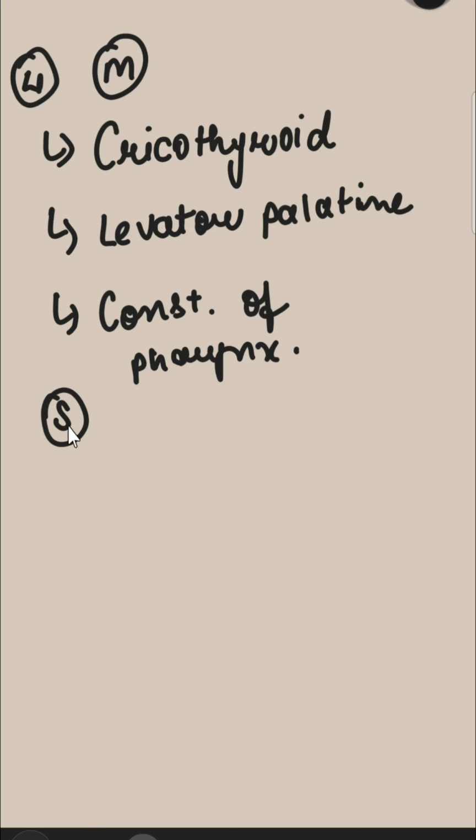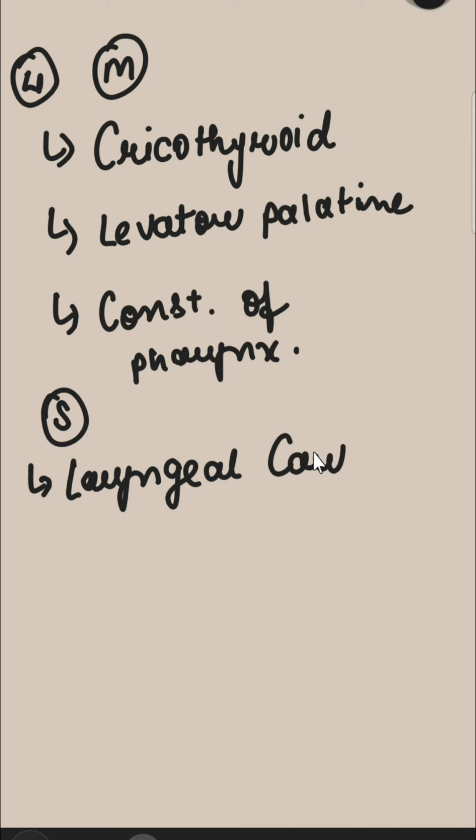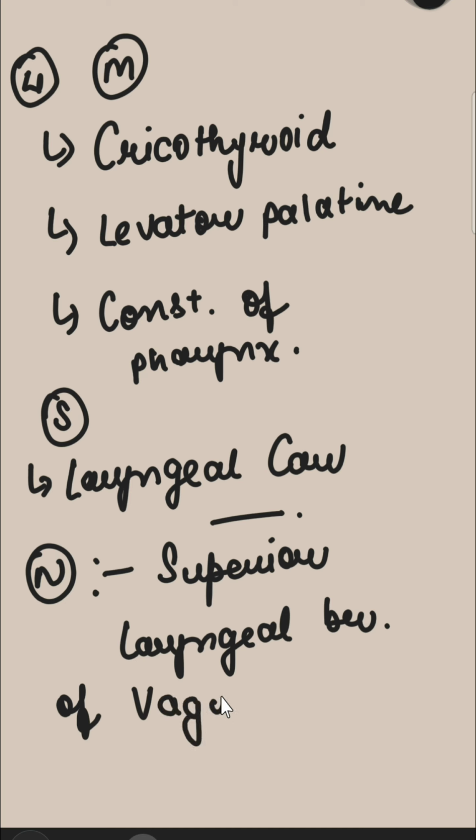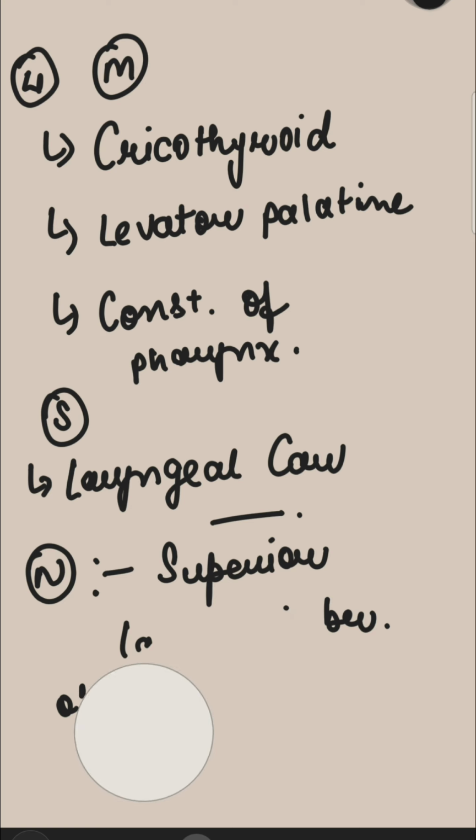The skeletal derivatives are the laryngeal cartilages, those are the thyroid, cricoid, arytenoid, corniculate, and the cuneiform. These are the skeletal derivatives, and the nerve supply of this arch is superior laryngeal branch of vagus. This goes the fourth arch.